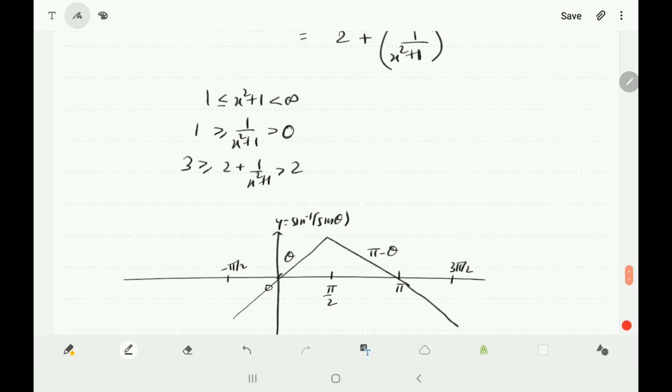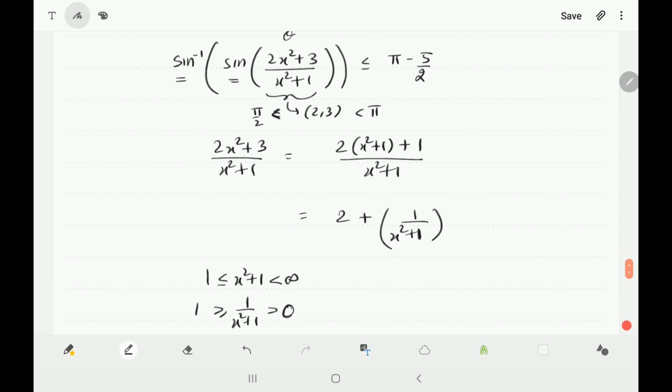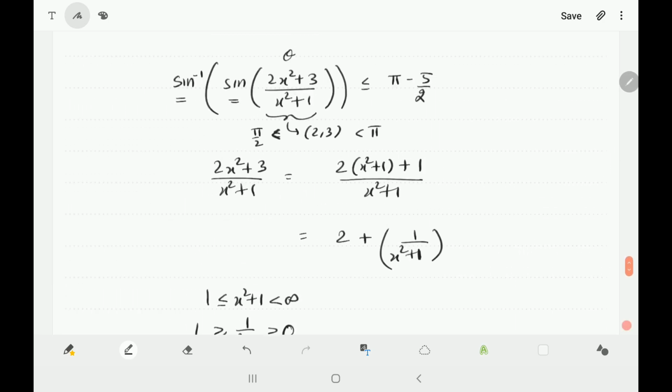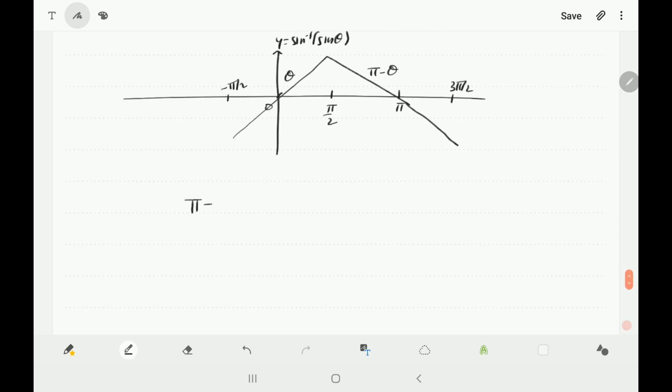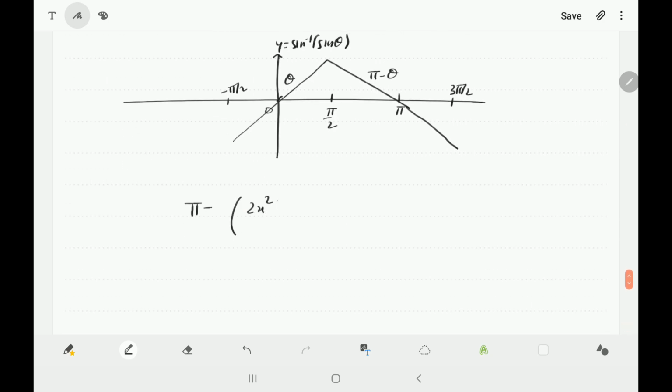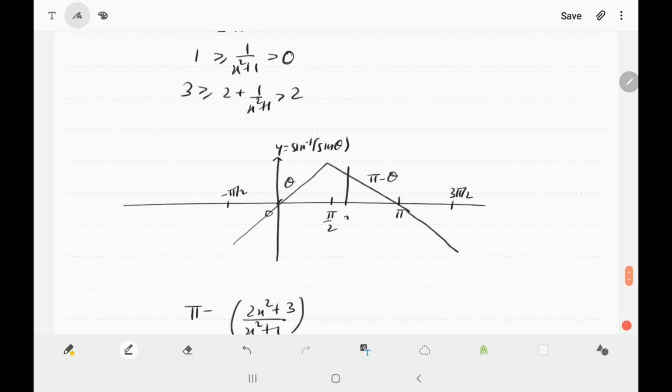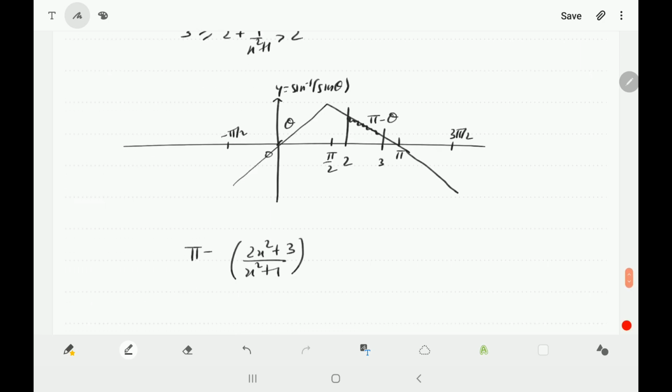Is it clear? So for this particular function, our equation will reduce to π minus sine inverse of sine of (2x² + 3)/(x² + 1). Theta is in the interval from 2 to 3, so the output in this particular interval is π minus theta.